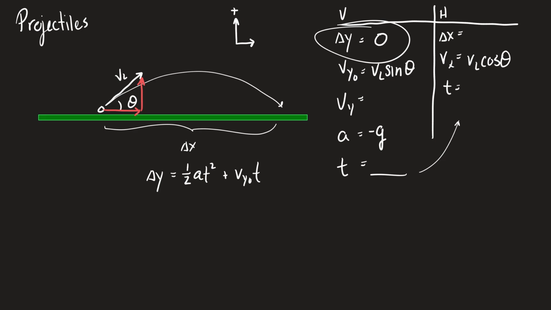Again, it has the things in it that we have placed here and does not have final velocity in it because we don't have anything to put in for final velocity. I'm going to put my 0 in. This is 1/2 times negative g t squared plus VL sine theta all times t.